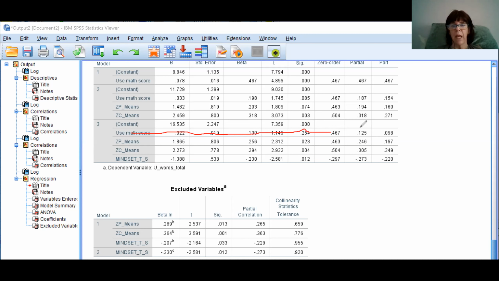With everything else in the model, it no longer has unique explanatory power. Part and partial, you could consider the unique explanatory power of that variable, and it doesn't have any. Procedural has come back in as a unique predictor, and conceptual has never left.